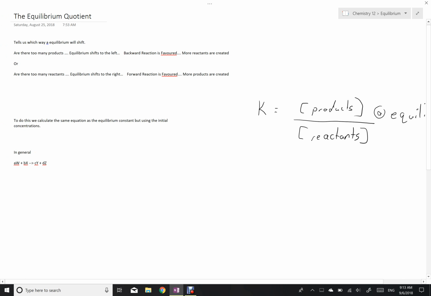The equilibrium quotient, Q, takes the same equation for products over reactants, but instead of looking at these concentrations at equilibrium, it looks at them at current condition.